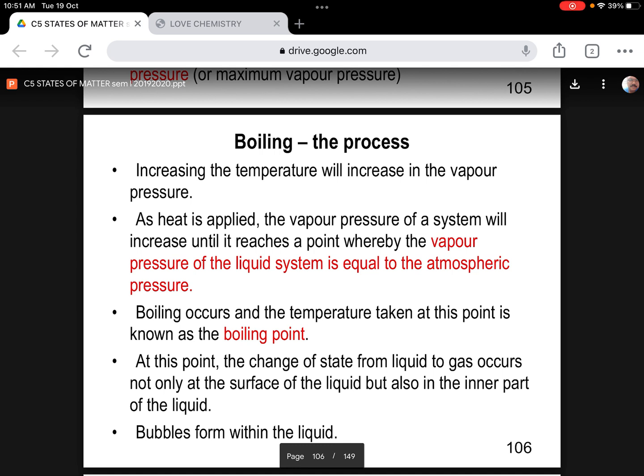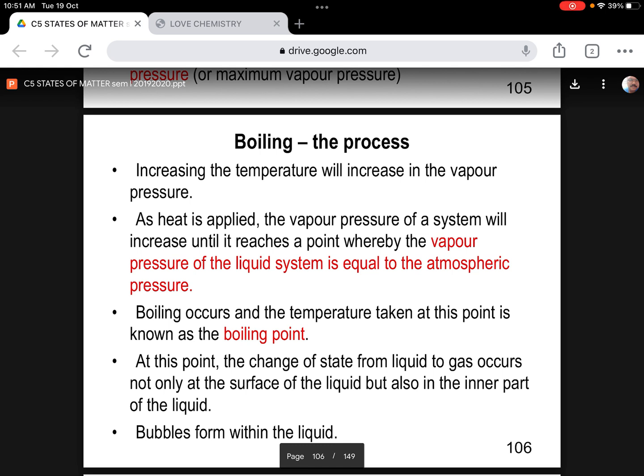The liquid molecules, through the boiling process, become vapor molecules. Once they become vapor molecules, they will collide with each other and strike the wall of the container. They exert pressure, and that pressure is known as the vapor pressure of a liquid.